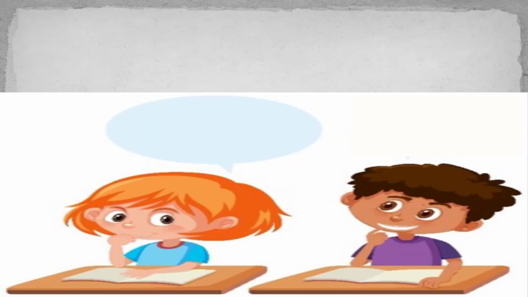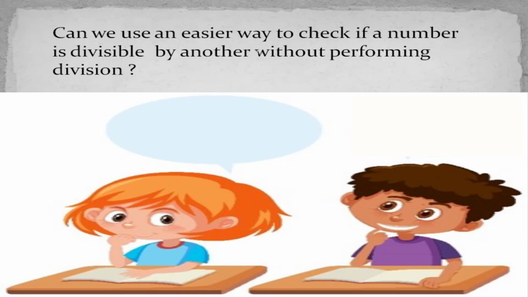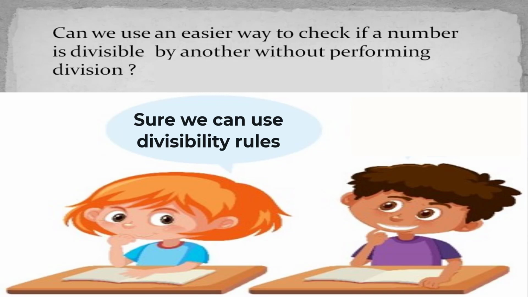But can we still use another easier way to check if a number is divisible by another one without performing division? Sure, we can use divisibility rules so that we can find out if it is divisible by another number or not in an easier way. So let's revise divisibility rules together to make our work easier.